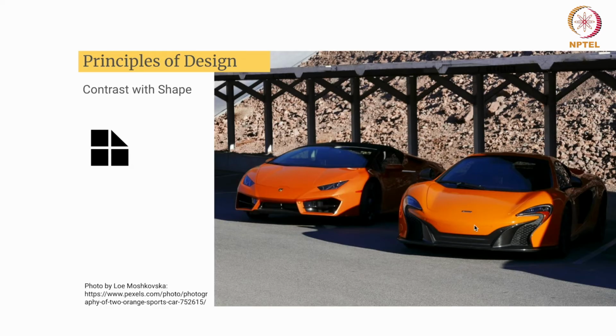So one is McLaren, the other is Lamborghini, and this is happening because of contrast in shape in terms of the headlights and the front bumper, right? So you can easily see there is a distinction in terms of shape representation, and that helps you to identify that these two are different brands, although the color seems to be close to similar to each other.